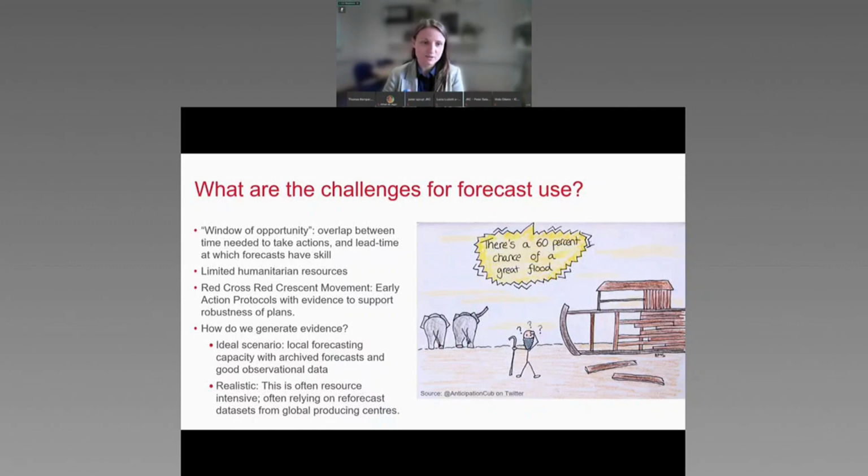In an ideal situation, we would be using the local forecasting capacity, and they might have archived forecasts and good observational data so that we could do that evaluation. But of course, in many of the countries where we're working, that isn't the case. So more realistically, because that task is so resource intensive, we're often relying on reforecast datasets from global producing centres, and the Global Flood Awareness System is of course one of those.